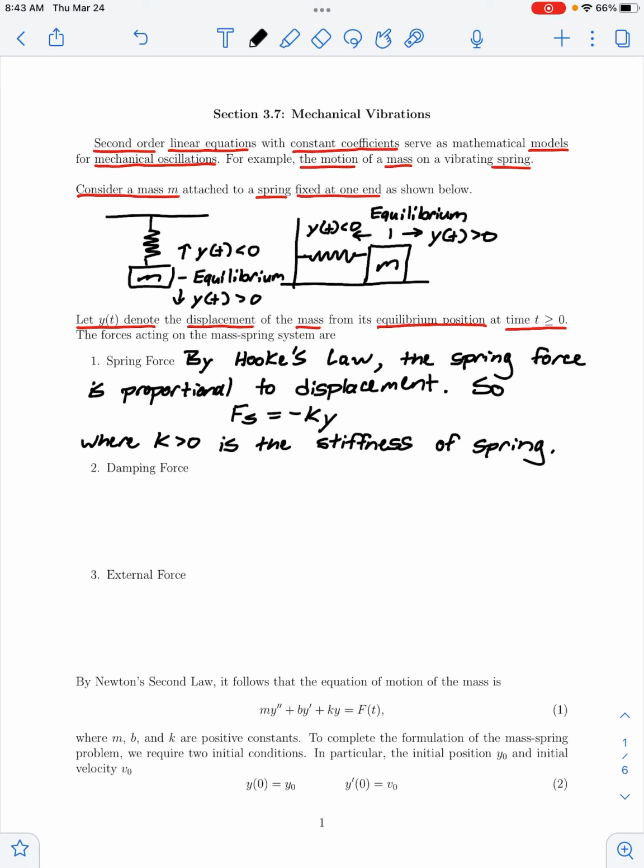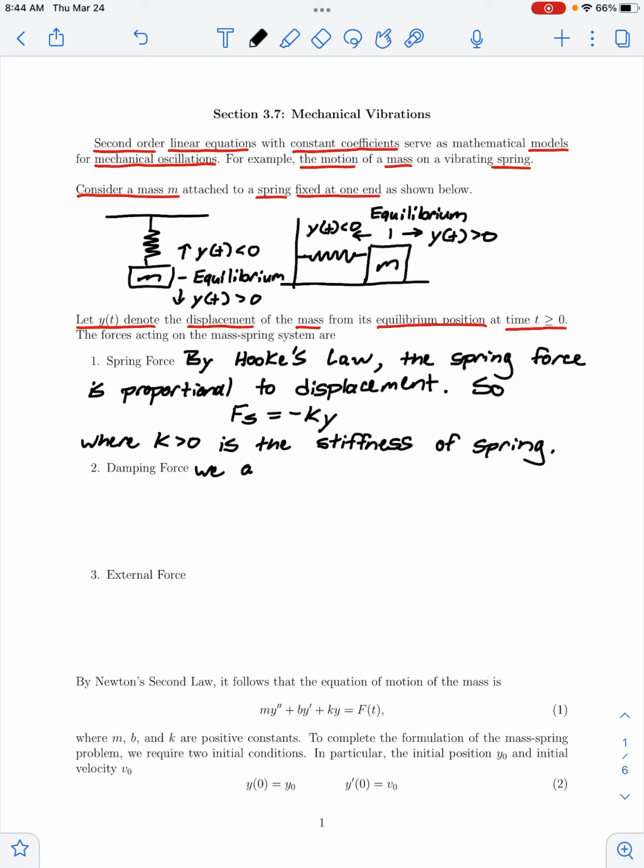And to model our damping force, we know our damping or frictional force will act in a direction opposite of the direction of motion. And we usually assume that this damping force is proportional to the velocity of our object. So the more rapidly it's moving, the more damping is present, or the larger the damping.